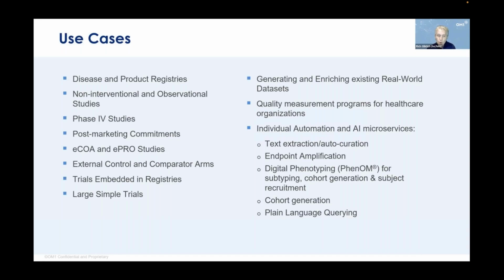We talked about eCOA and ePRO studies, which is the active component, but we want to pair that with the clinical data from the EMR. This technology is robust for external control and comparator arms to link to a clinical trial. It's robust for trials that you want to embed in a registry, where whether you have a rare disease or a chronic disease, the infrastructure for collecting data in an automated way is put in place around a registry or a cohort study.